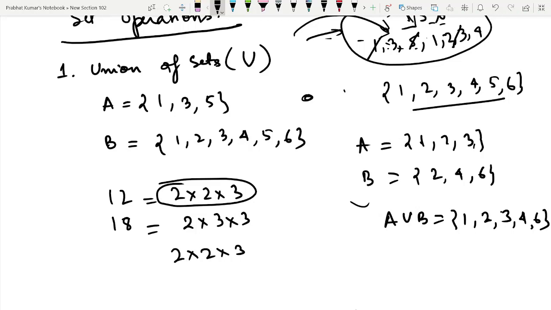Then since 2 is already taken, you don't take this 2. 3 is already taken, so we don't write this 3, but this other 3 is extra. It is not written before, so you include it. So this is really 2 into 2 into 3 into 3, and 36 will be their LCM. So you can see that this concept is derived from the concept of LCM of two numbers, right?